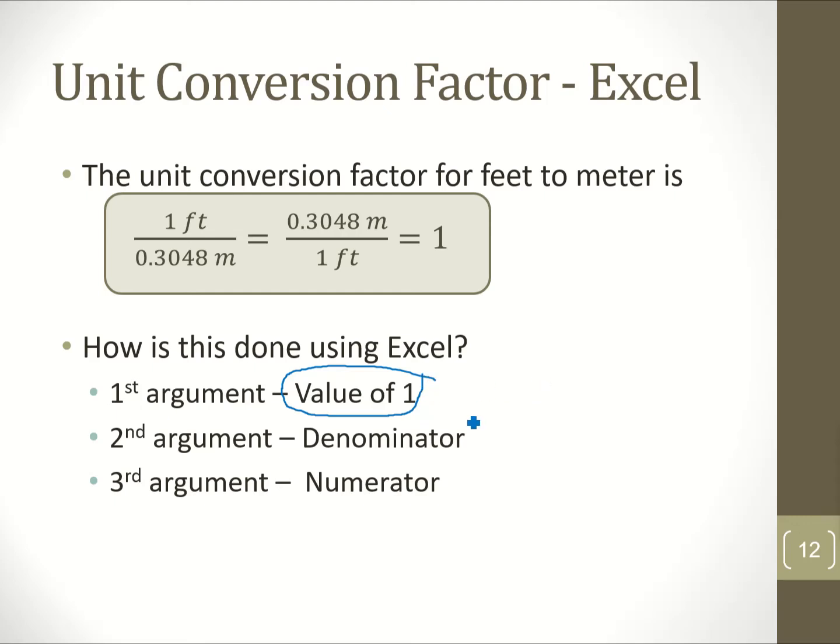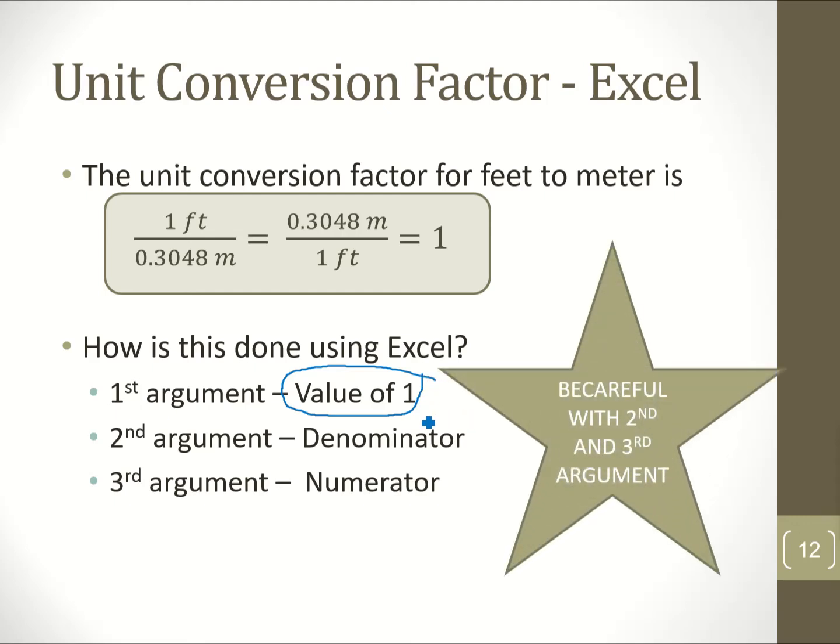So in our convert function, we always make sure that our first number is 1. Always be careful with the second and third arguments. Remember, the second argument in here is the denominator, and the third argument is the numerator, right?